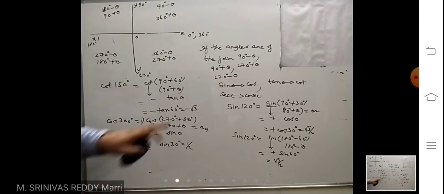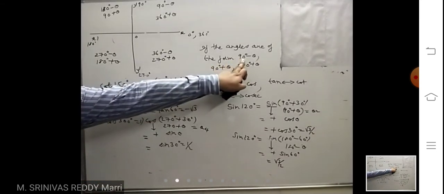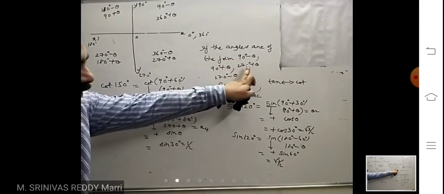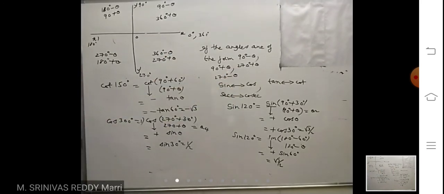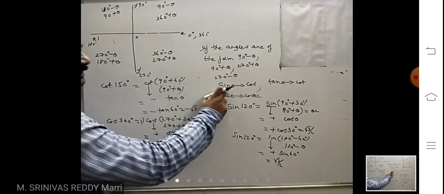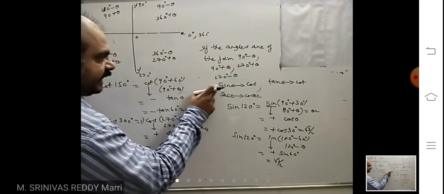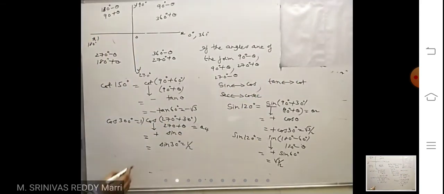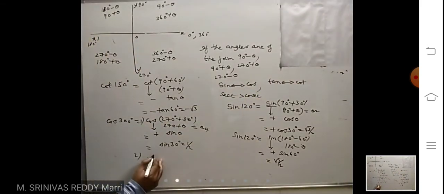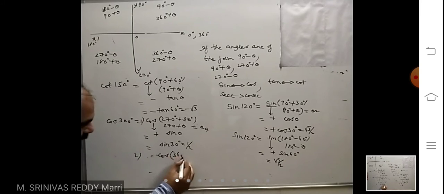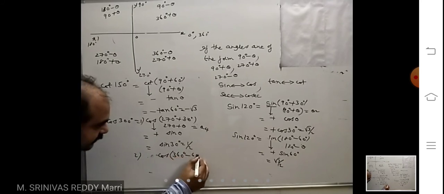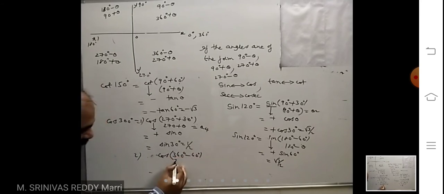Like that, whatever the angle is there in the form 90 minus theta, 90 plus theta, 270 plus theta, 270 minus theta, just sine will change into cos, cos will change into sine, tan will change into cot, cot will change into tan. Suppose this problem, if you write like this, look at another method, same value you will get. I am writing like 360 degree minus 60 degree. So this is of the form 360 degree minus theta.